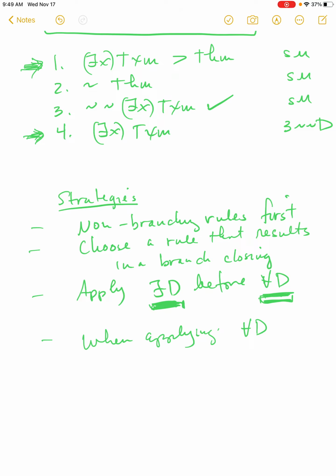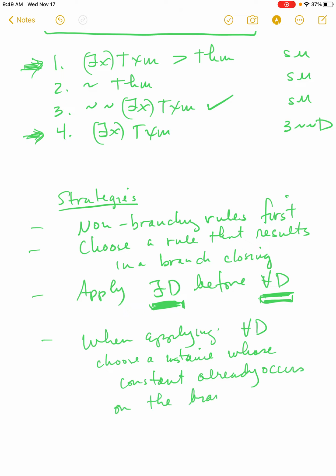So when applying universal decomposition, choose an instance whose constant already occurs on the branch. And why is that? Remember, it's because introducing a new name is never going to get something to close. If you can't remember that, go back and take a look at the example I gave in the last lecture.